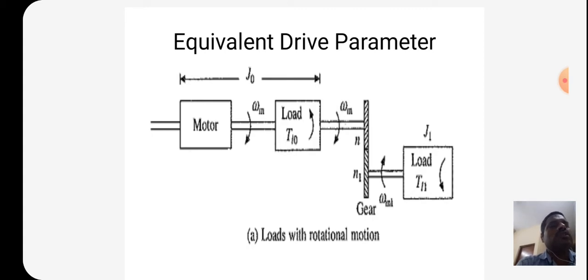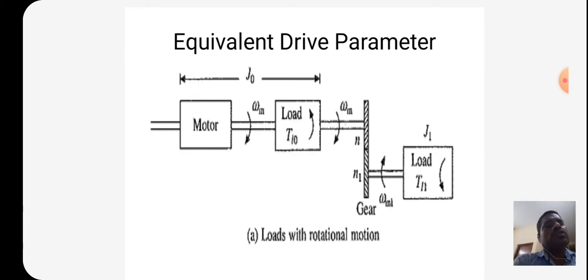Now, with the gear, the torque TL1 is the other load torque referred to the gear in Newton meters, and N and N1 are the teeth of the gears. Here J1 is the moment of inertia of load 1, which is coupled through the gear.